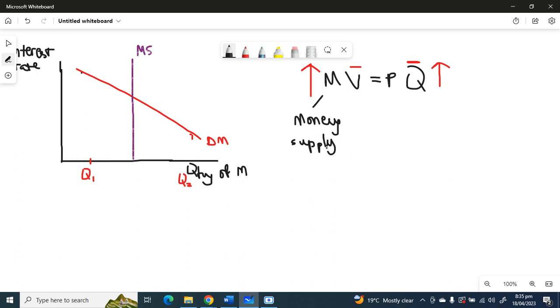If you increase the money supply, meaning there's more money in the economy, there will be more spending in the economy, so the velocity of money also increases. And when there's a lot of money in the economy, that means that too much money is chasing little goods. Demand is actually exceeding supply.